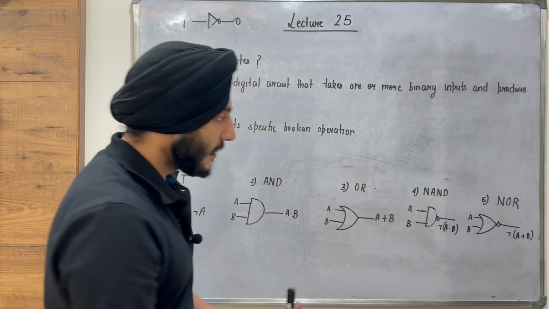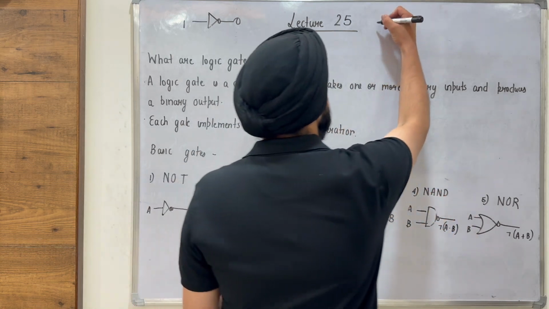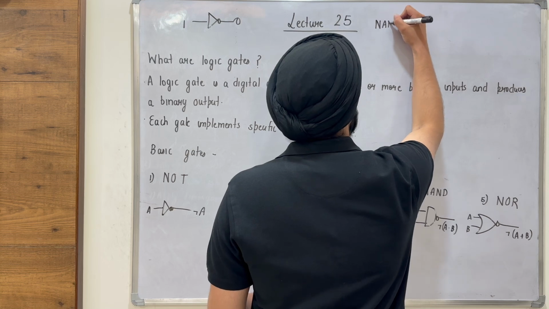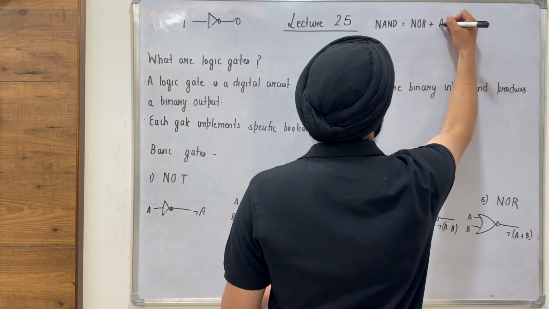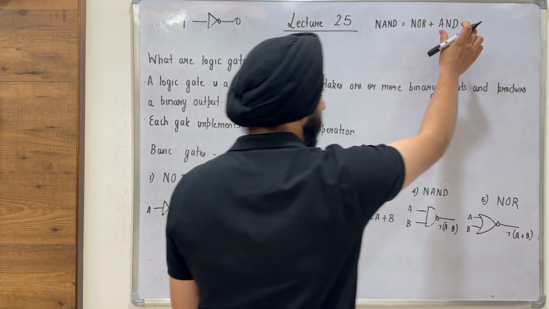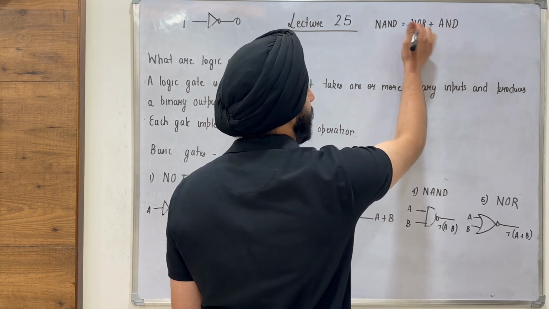Okay. Now let's try to understand the NAND gate and the NOR gate. The word NAND is made up of NOT plus AND. The basic point is we take the AND of the variables we have and then do the negation of it.